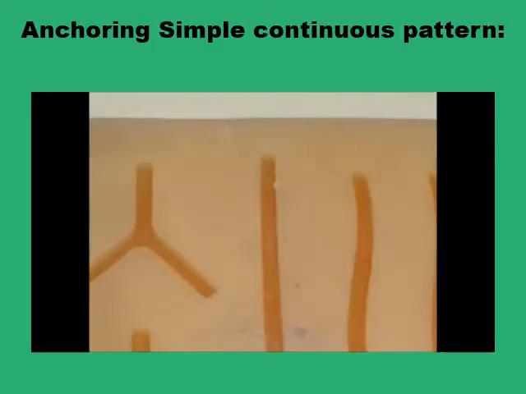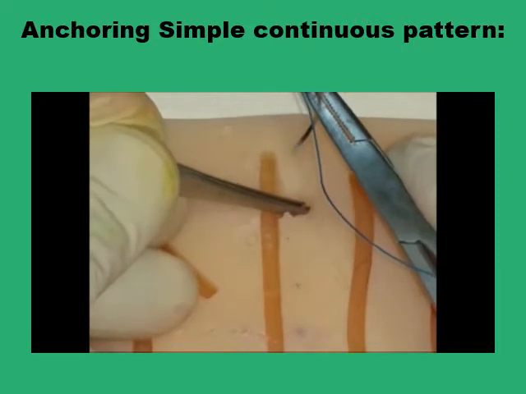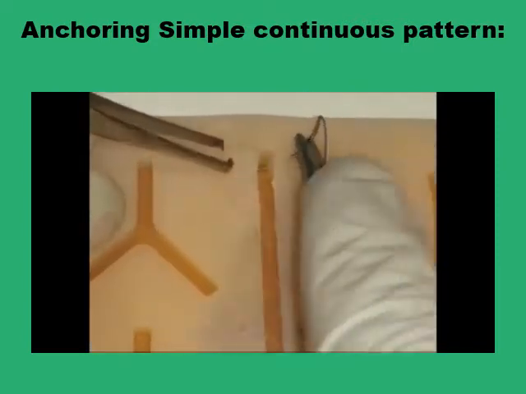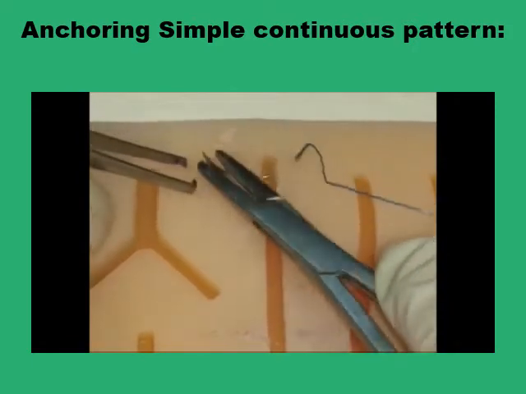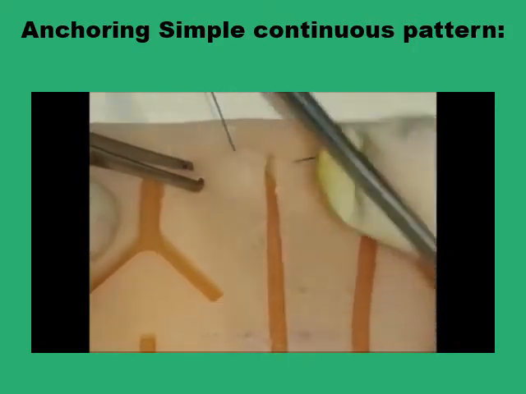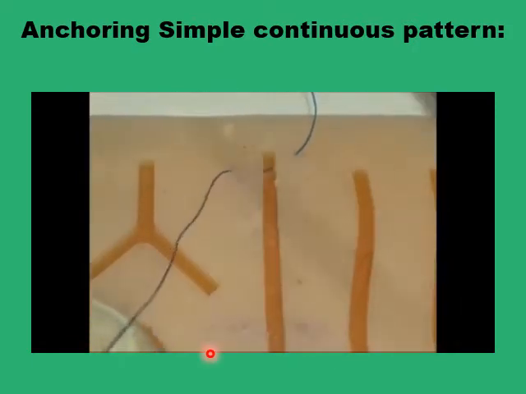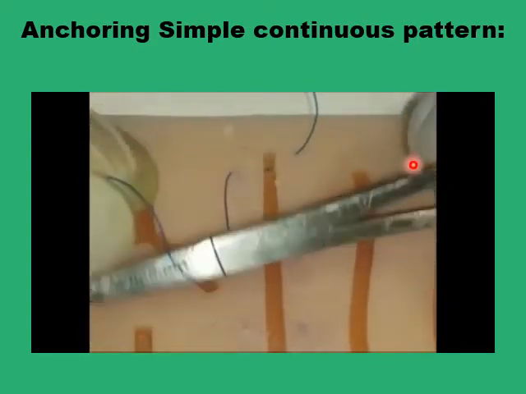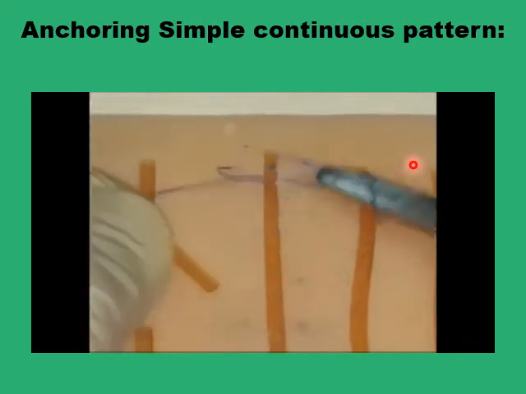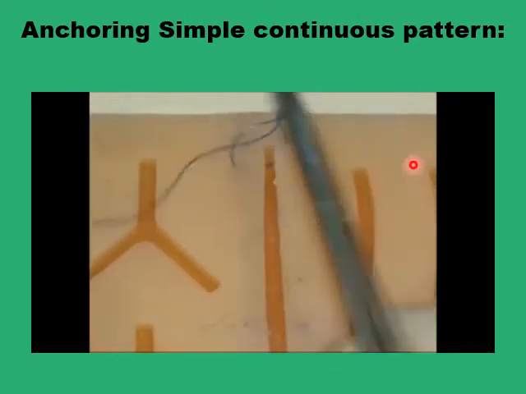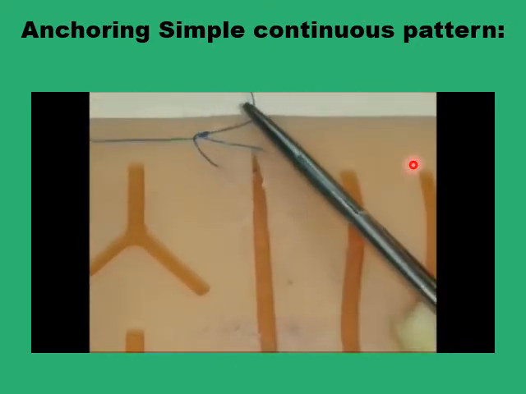We'll start with the simplest form of the continuous sutures, in which you anchor your suture by doing a simple suture right at the apex of the wound edge, right at the very top of the wound edge, going from one side to the other in a simple suture pattern.